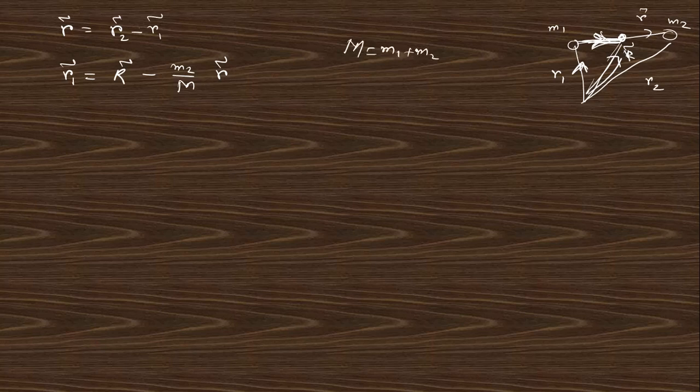Similarly, r2 equals R plus m1 by M times r vector.